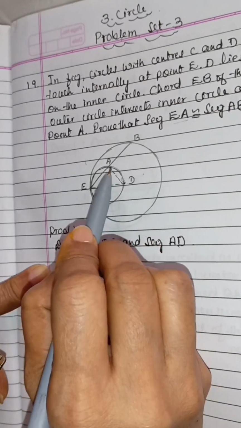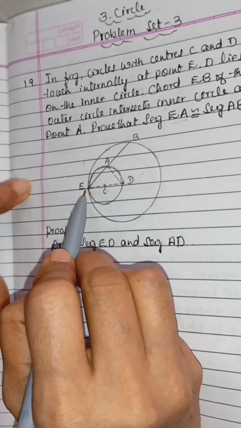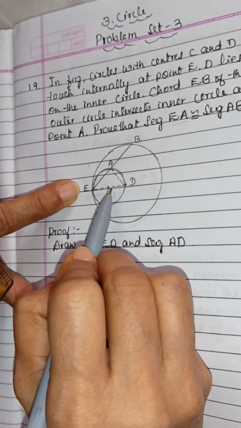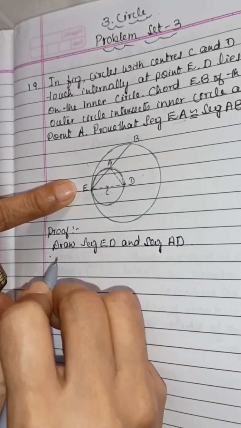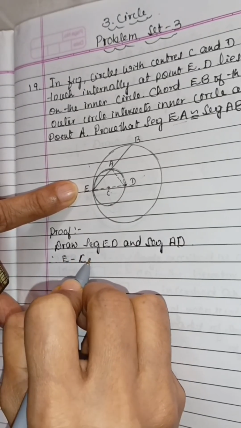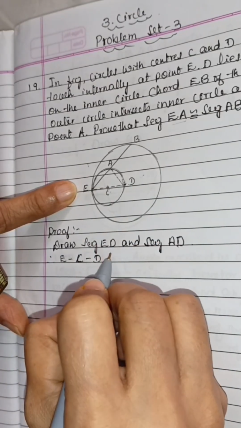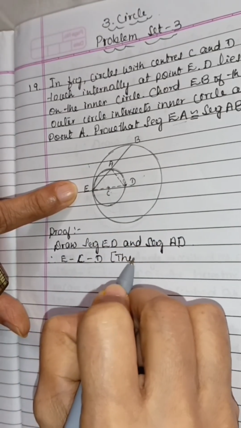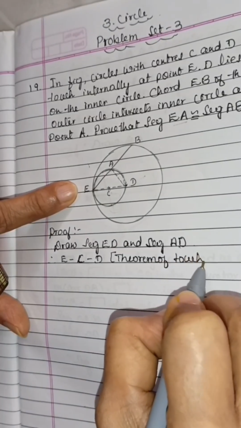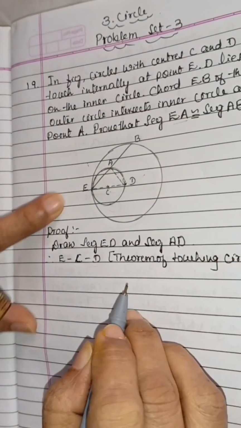Therefore, by the theorem of touching circles, the point of contact lies on the same line joining the centers. Therefore E, C and D are collinear points, by the theorem of touching circles.